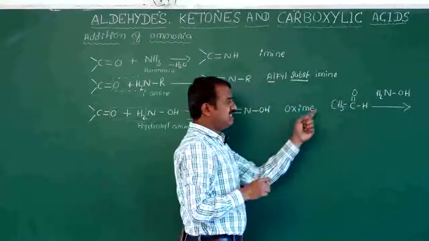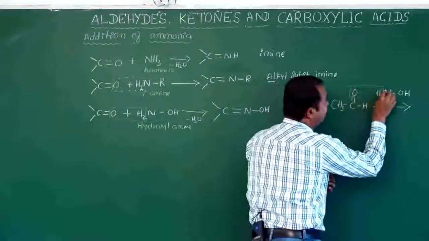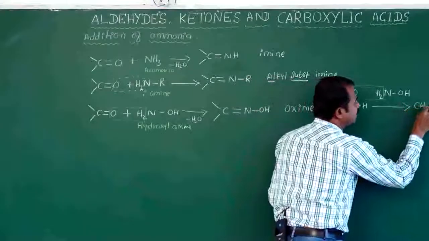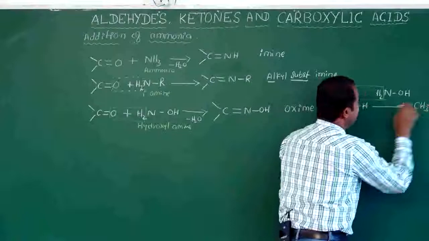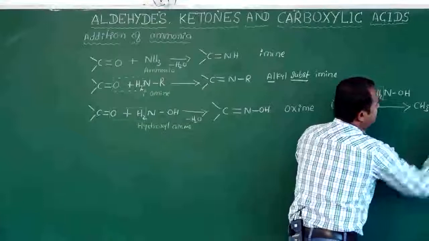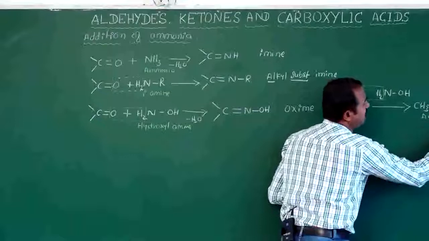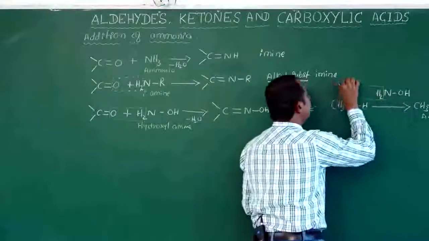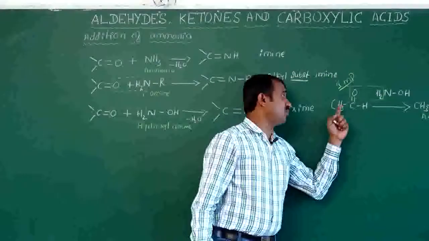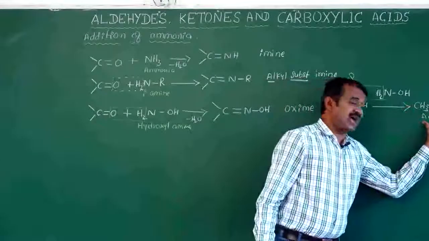Acetaldehyde reacts with hydroxylamine to form, through dehydration, CH3CH double bond NOH. The name is acetaldoxime. This is a 1 mark question they will ask: name the product when acetaldehyde reacts with hydroxylamine. We have to write acetaldoxime.